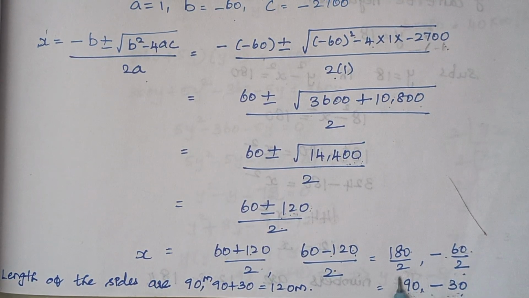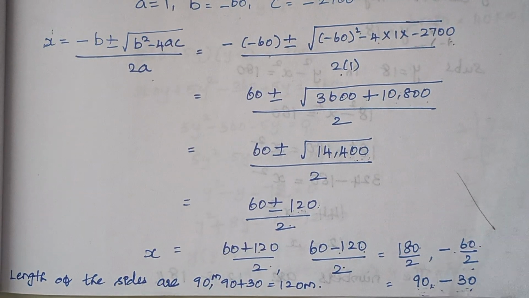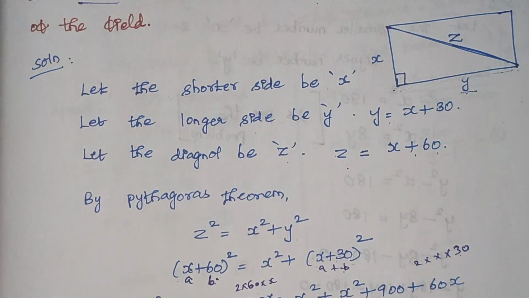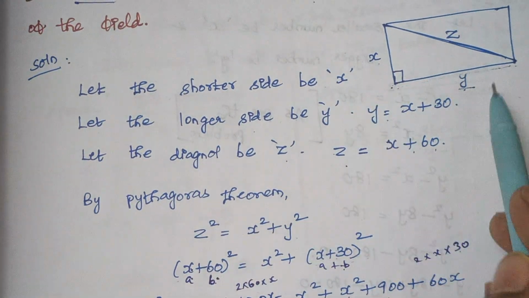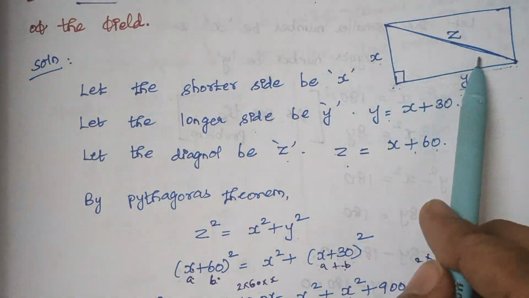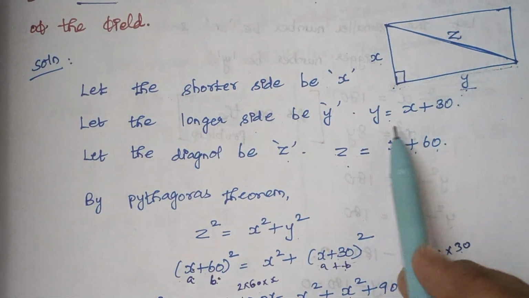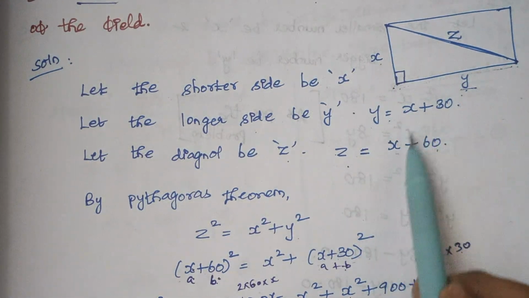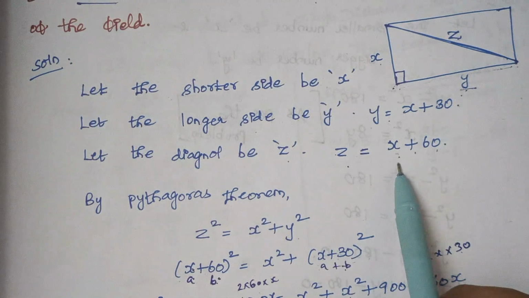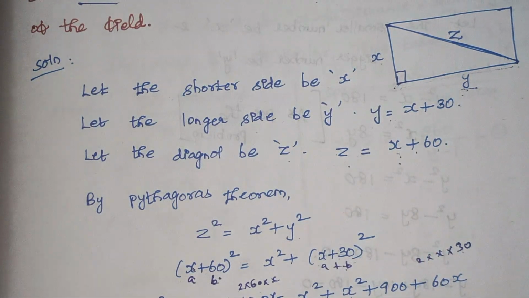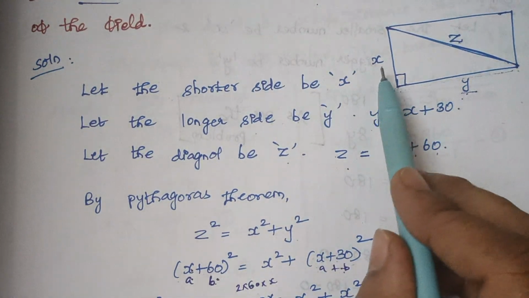When you take the value of x as 90, you see the length of the sides. It is already clearly mentioned here: the shorter side is x, the longer side is y, and the diagonal is z. Everything is related to the shorter side, that is the value of x. So the value of x is 90, that is the shorter side is 90.